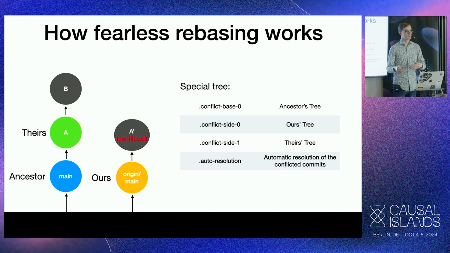But if we were to instead have these as Git headers, which would probably be the preferable thing to do, we would need some way of preventing them from getting garbage collected eventually. So long term, I think it would be a good move to have the auto resolution be the actual commit tree and then have the others referenced in commit headers. But that's currently not particularly feasible at this point in time.